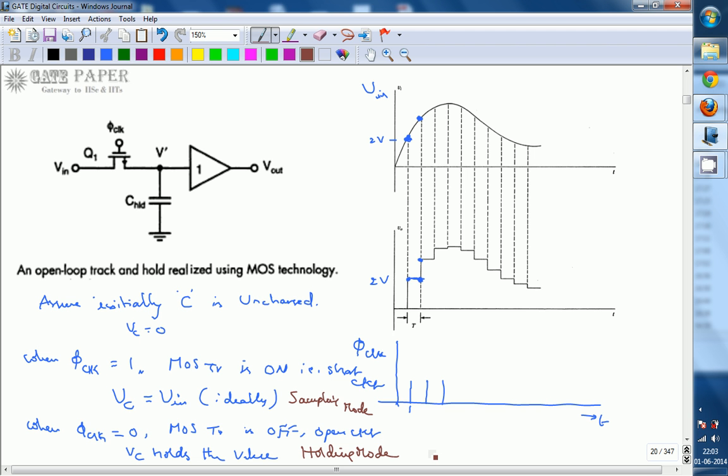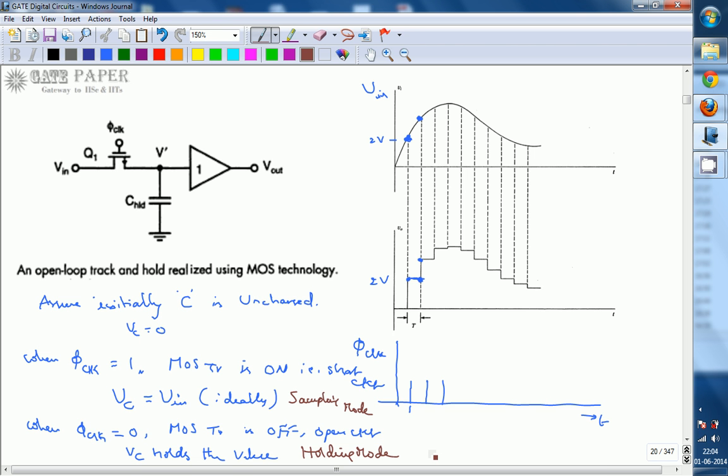During sampling mode, the capacitor takes a sample of the input signal, that is, captures the input signal at that instant of time. After that the capacitor holds that charge until the next pulse appears, so that the transistor goes into the on condition again and takes the next sample.